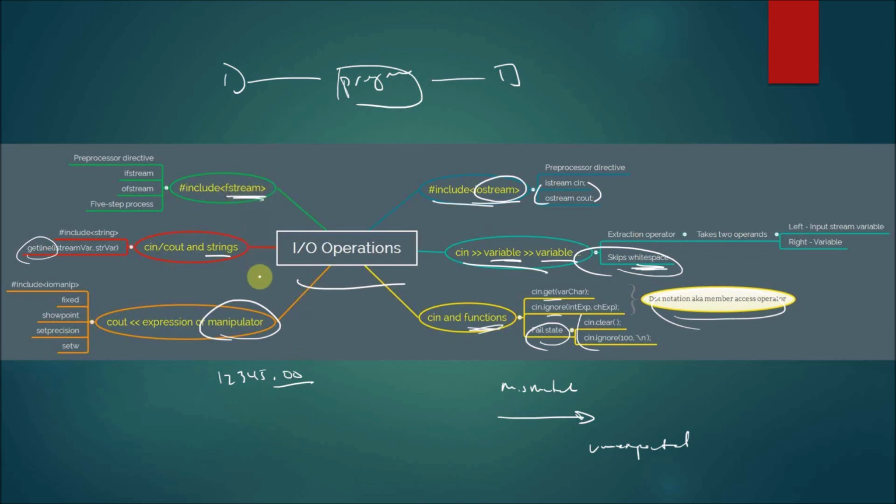And then we have fstream here because, again, our standard input keyboard and our standard output screen isn't always going to be ideal. Sometimes we want an actual input file and an output file depending upon the circumstances.